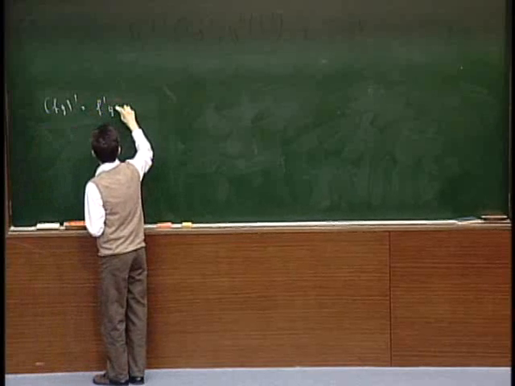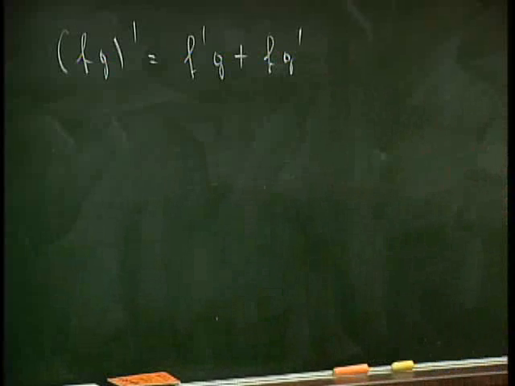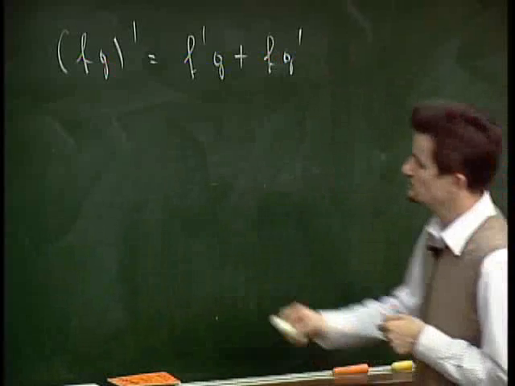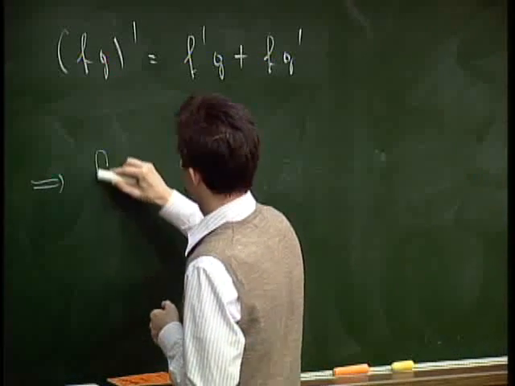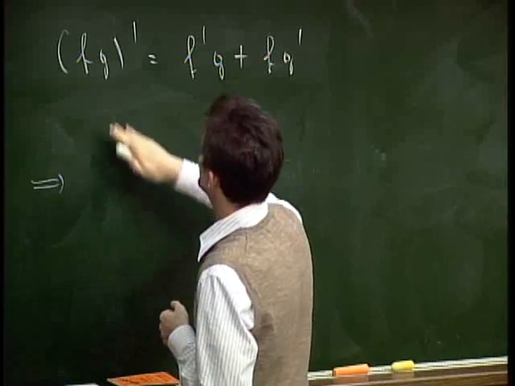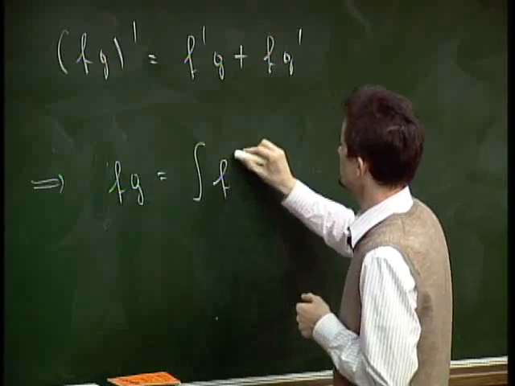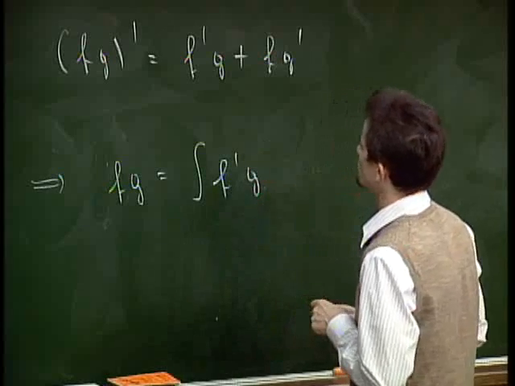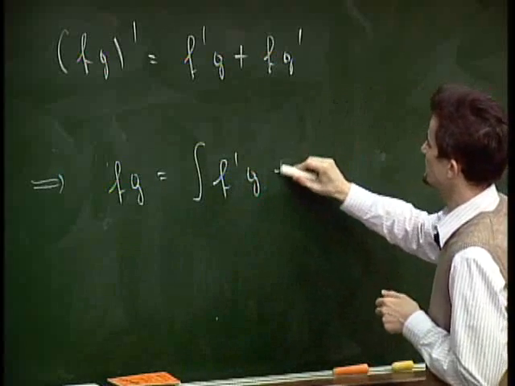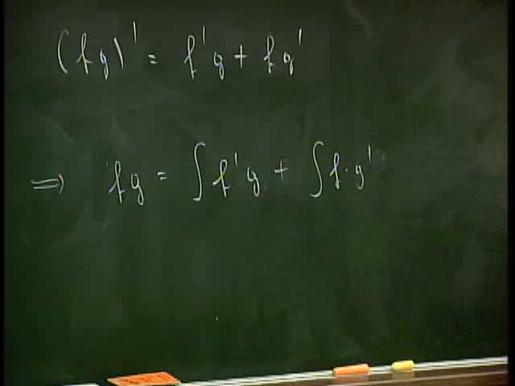So if you once more recall the product rule, so this was the product rule. Now, if you want to reverse it, okay, you take the integral. If you take the integral on the left-hand side, what you get is fg is equal to the integral of the derivative of f times g plus the integral of f times the derivative of g.